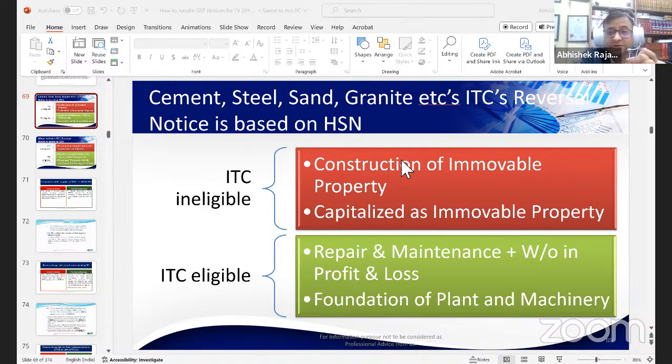There, one of the contentious issues was use of cement, steel, sand, granite, etc., where the notice has been issued or the order is passed on the basis of HSN, where the department felt that the ITC on this is not allowed. So the issue was construction of immovable property, for which we all know ITC is not allowed unless you are a dealer in it.